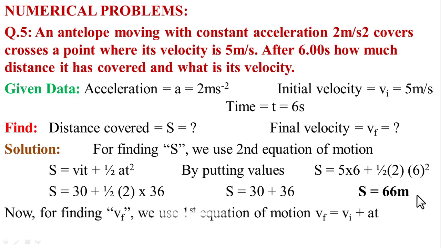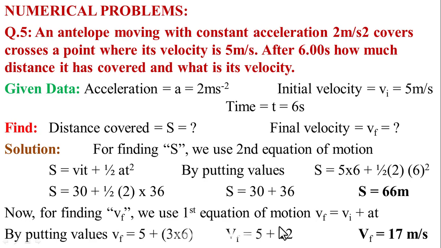Now we can find the final velocity using the first equation of motion. In the first equation of motion, Vf is equal to Vi plus at. Now putting the values, Vf is equal to 5 plus 2 multiplied by 6.